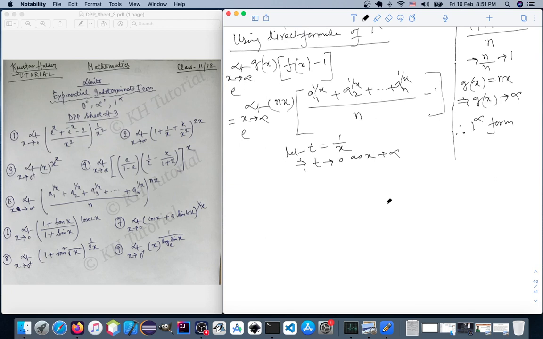Now if we substitute x with t, we get limit t tending to 0 of n by t into a1 to the power t plus a2 to the power t plus an to the power t by n minus 1.